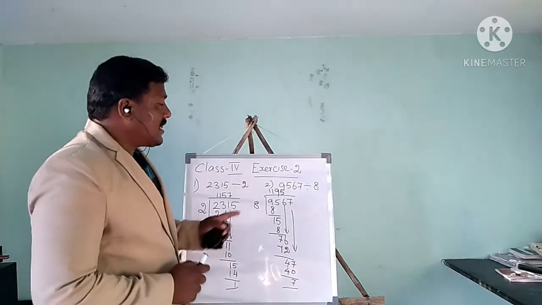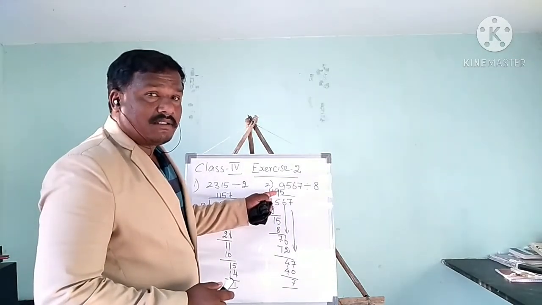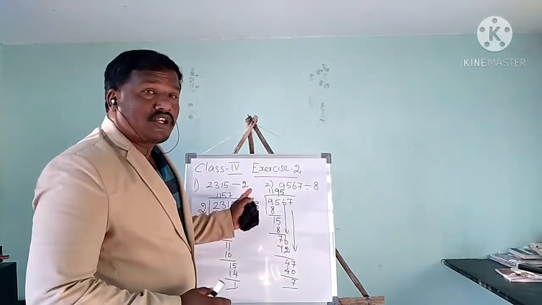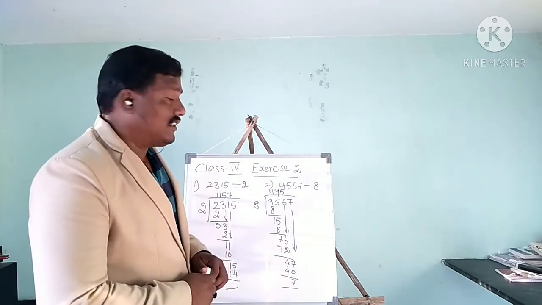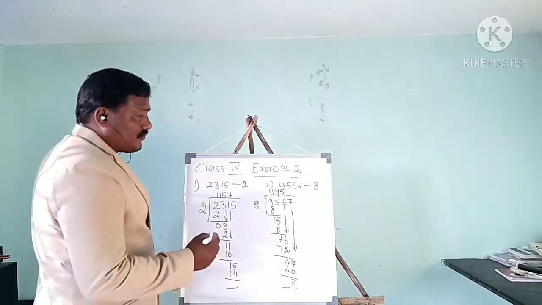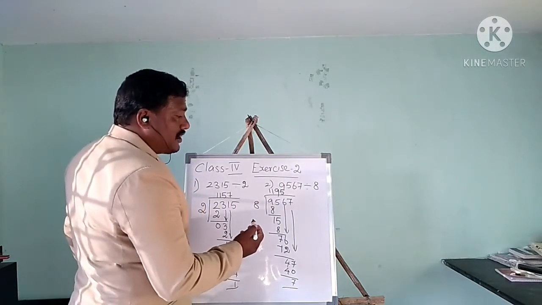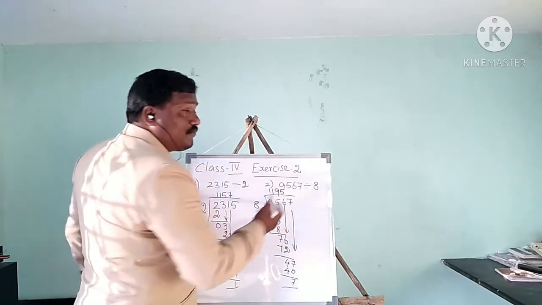If you want to check whether our answer is right or wrong, you can check both using multiplication. How? First of all, we have to multiply the quotient and divisor.